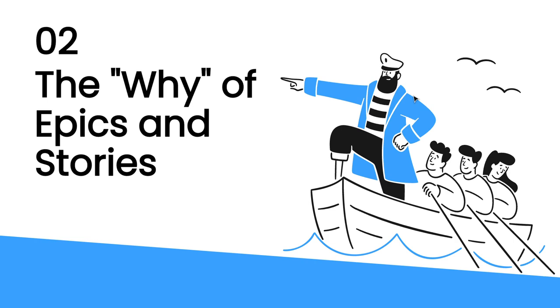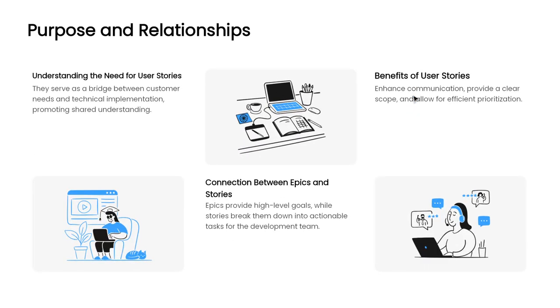And now the why of epics and user stories. So why do we need user stories? They serve as a critical bridge between the customer need and whatever technical development is happening, promoting shared understanding across the team. The connection between epics and stories is straightforward. An epic provides the high-level goal while the stories break it down into actionable tasks for the development team.